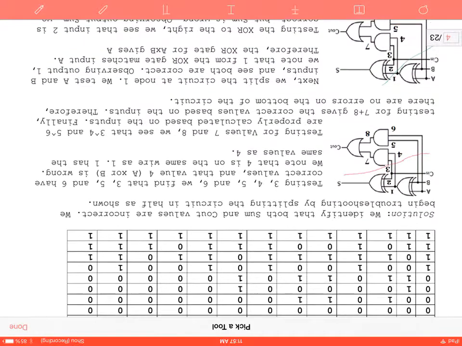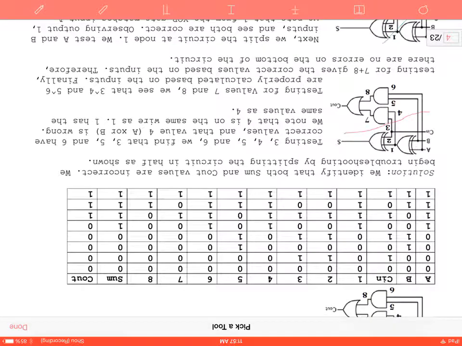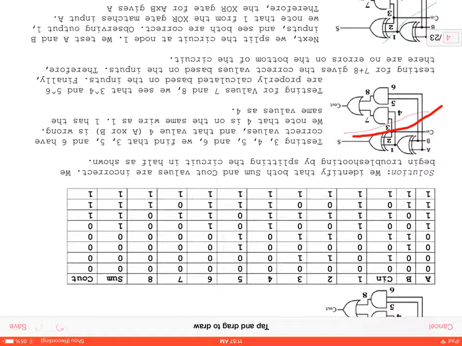So then, testing for values 7 and 8, when we split it, we want to check to see if values 7 and 8 are correct based on the current set of inputs. Not the final inputs that we're expecting for the full circuit, but is value 7 equal to 3 and 4? We check that. Value 7 does in fact equal 3 and 4. We check, does 8 equal 5 and 6?